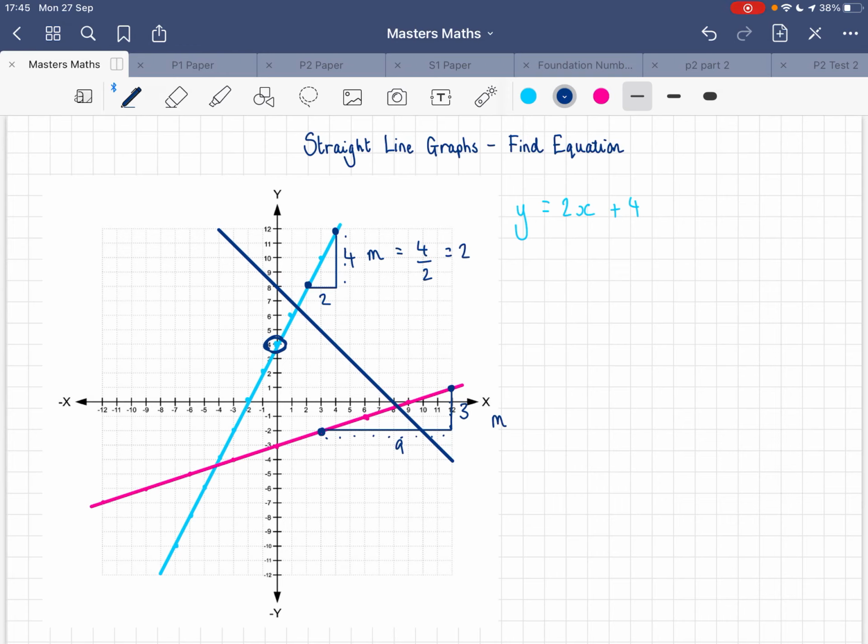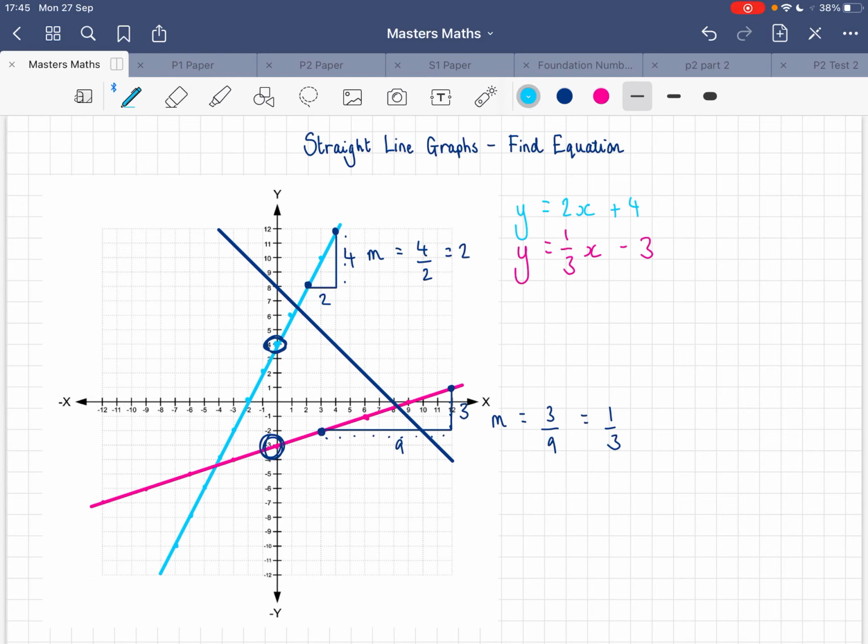So my gradient, I'm doing the y, which is 3, divided by 9, which gives me a third. It's crossing the y-axis at -3. So when I put that into the equation, I get y equals a third x, a third is the m, and then minus 3 because it's crossing the y-axis at -3.